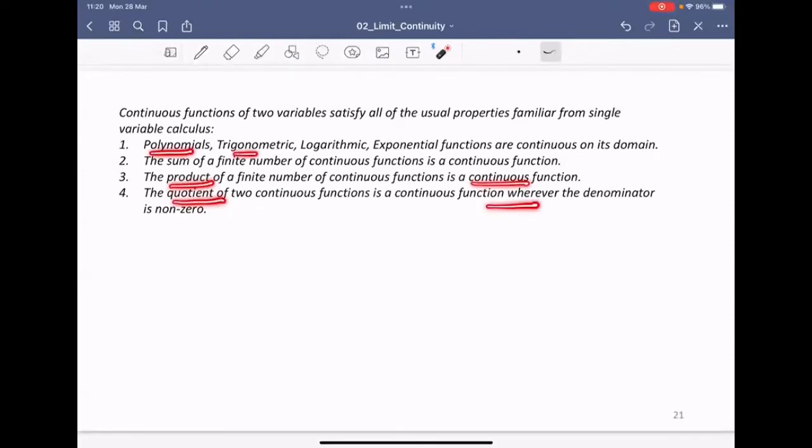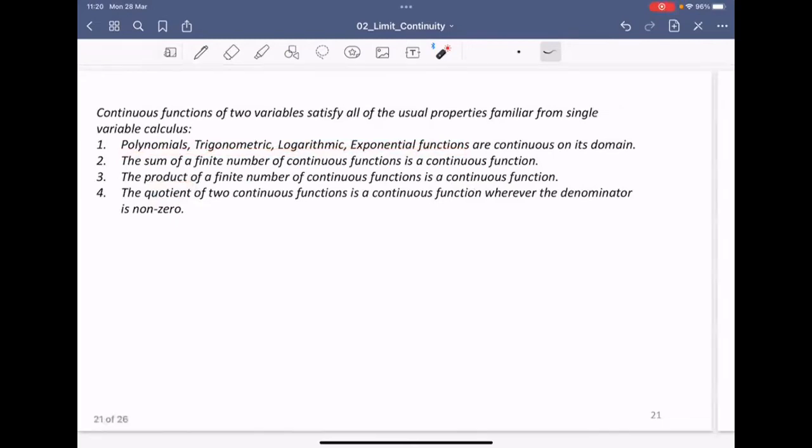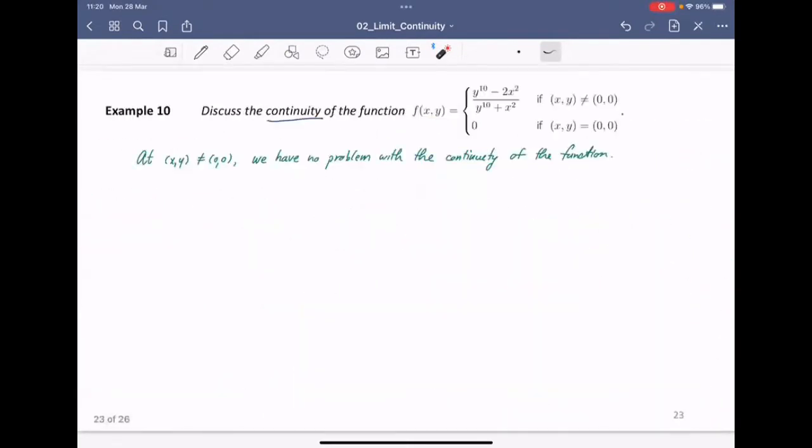And polynomial, trigonometric, log, exponent, the basic functions are all continuous. So you're going to have no problem at any point except (0,0), because this is a quotient of sums of polynomials. Make sense?